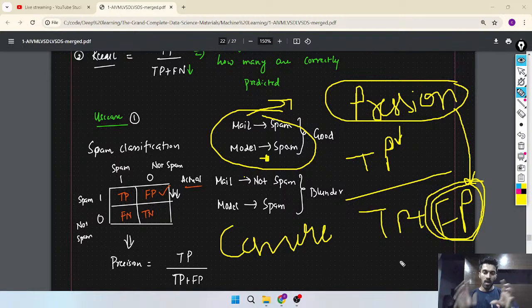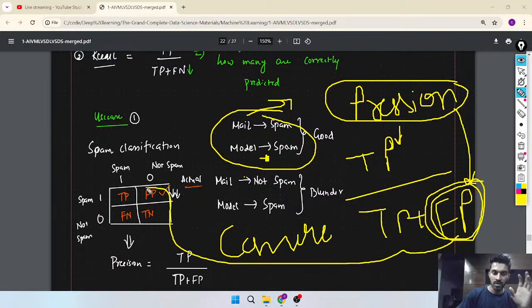Now how do we know the false positive is important? To find this, think about it this way. Suppose you are doing a spam-ham classification. This is the actual class and this is the predicted one.